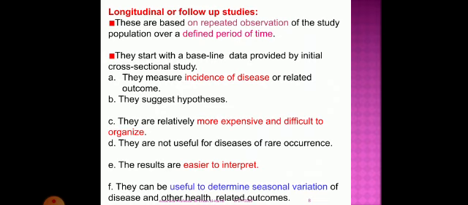We examine them periodically, for example every 2 weeks or every month, and see how many individuals develop pediculosis during this period of time. So we measure the incidence of pediculosis among these cases.